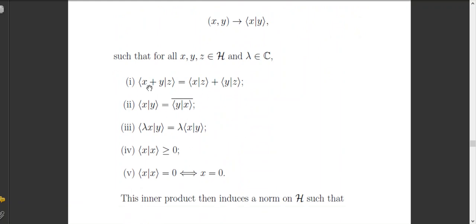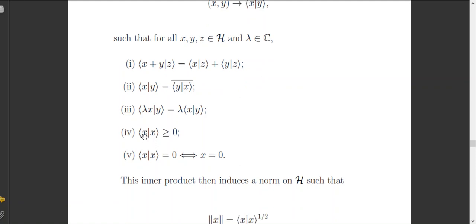Like here, you can see the inner product of x plus y and z equals the inner product of x and z plus the inner product of y and z. And this property together with this property means that the inner product with respect to the first component is linear. And look at this, the inner product of x and y equals the conjugate of the inner product of y and x, because this inner product is complex valued.